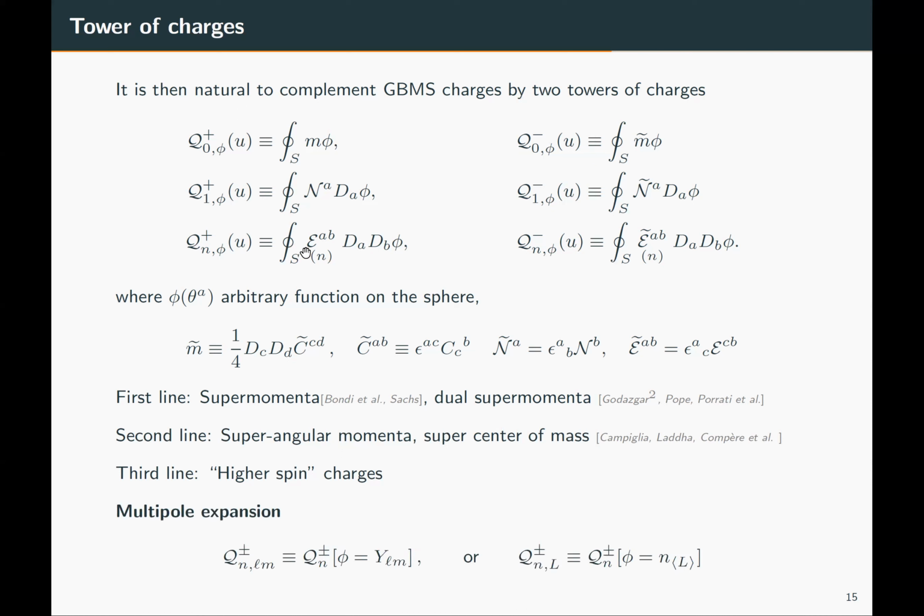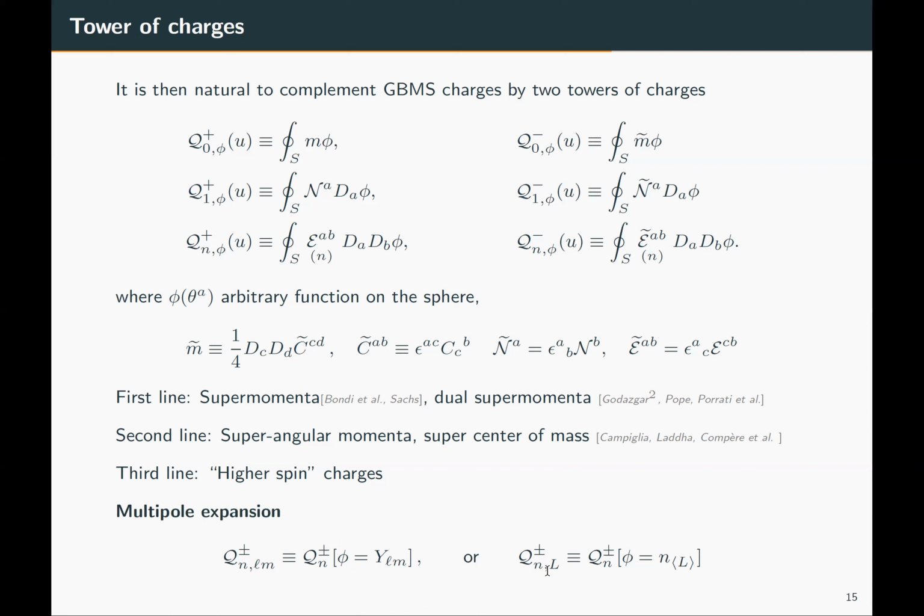And of course, this parameter of the charge, phi, is a function on the sphere, so we can expand it in multipole moments, and thereby we define these charges Q plus-minus n, lm, or in the STF notation, Q plus-minus n comma l.